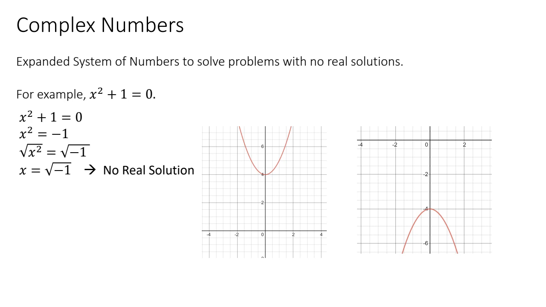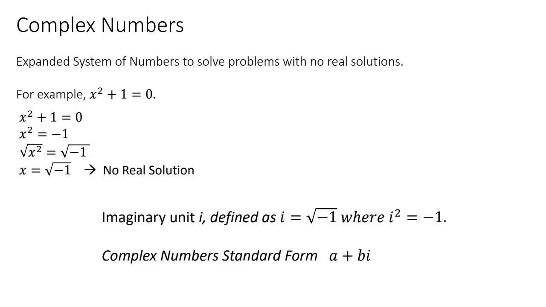It may not give us a real solution, but the square root of -1 does give us some value. And this value we call an imaginary value, okay? So when we take the square root of -1, this is going to give us an imaginary unit. Because it's imaginary, we're just going to say that the square root of -1 is going to be i, for imaginary.